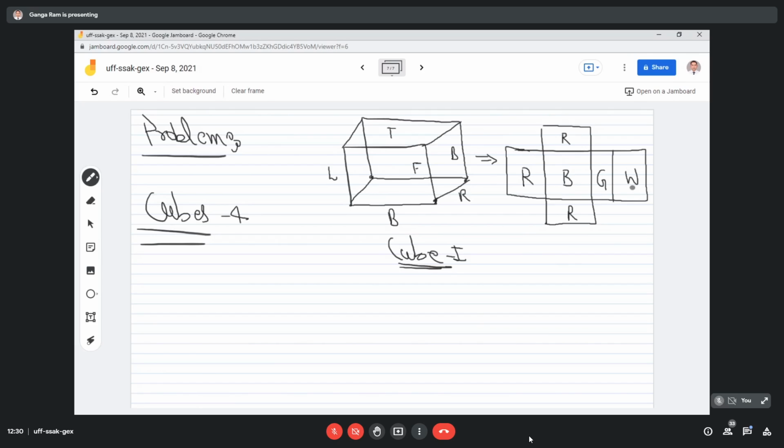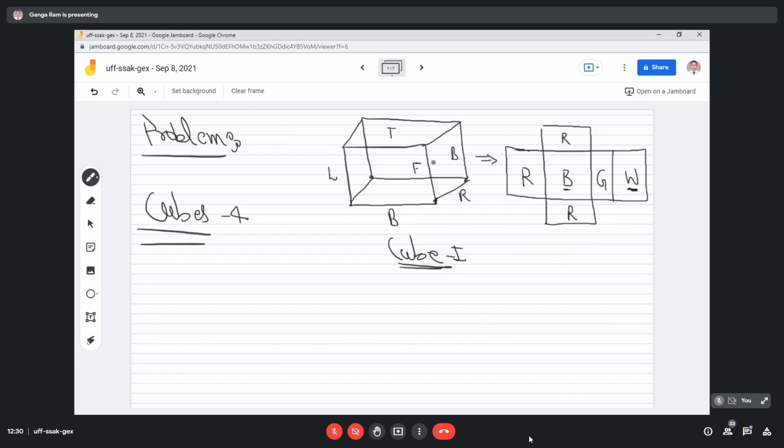The bottom face will be W, the opposite face of this cube. W means white. It is colored by white color. Got it?